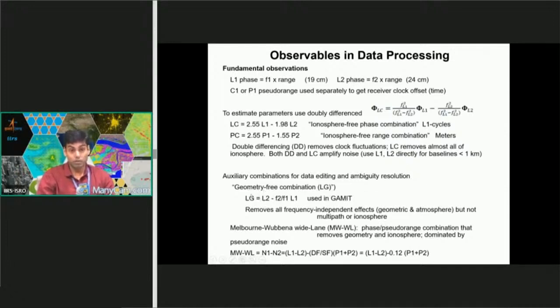For ambiguity resolution, we have to do the geometry free combination. This is the linear combination we use in GAMIT, and it removes all frequency independent effects, geometry and atmosphere, but not multipath and ionosphere. Ionosphere can be removed with the help of these equations, and we use this to remove the geometry and ionosphere, the Melbourne-Wübbena wide lane, which is dominated by pseudo-range noise.